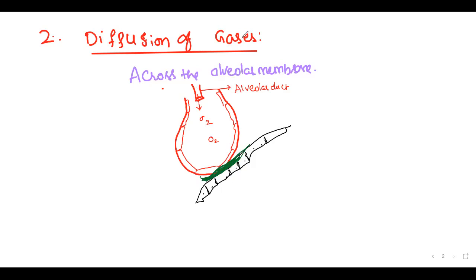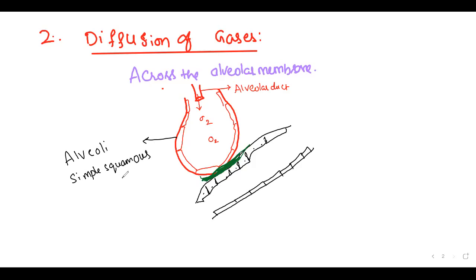Okay, so here let me draw the full blood capillary. This is the blood capillary, the endothelium of the blood capillary. That is also composed of simple squamous epithelium. So let me write here. This is alveoli made of simple squamous epithelium.